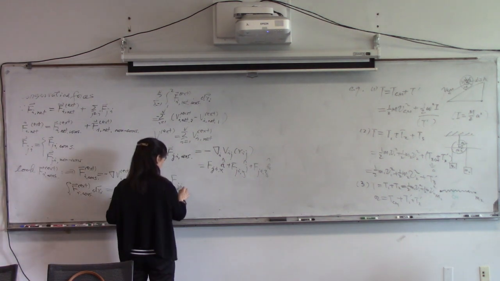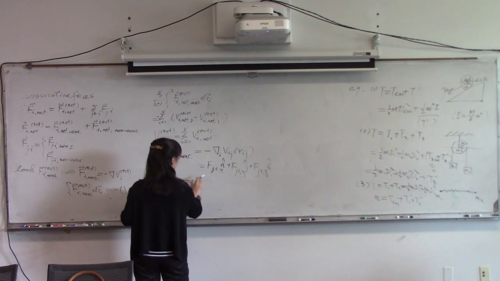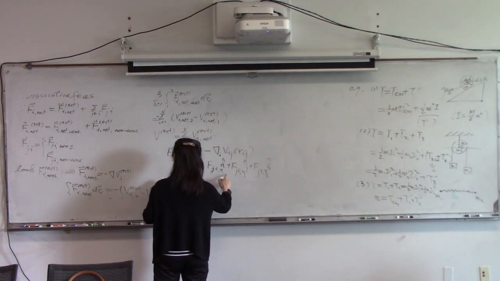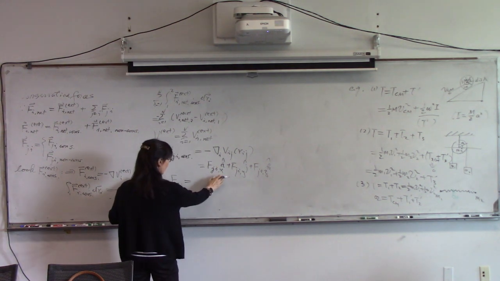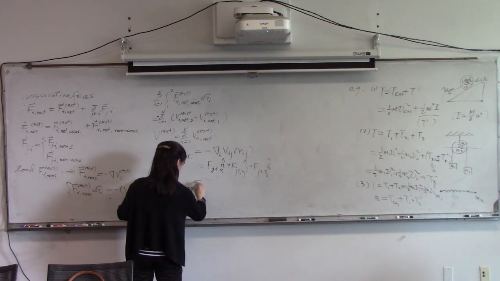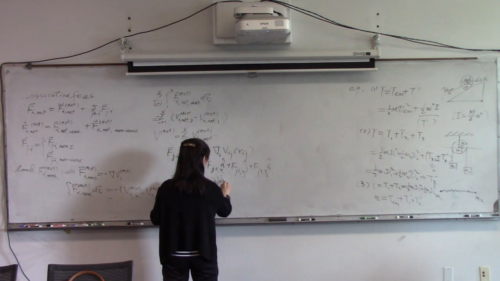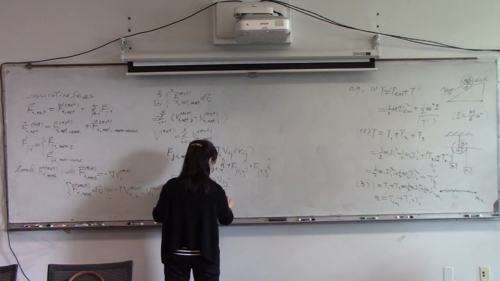So now let's look at this x component. By definition it is conservative, so that is negative partial Vij over partial xi, right?